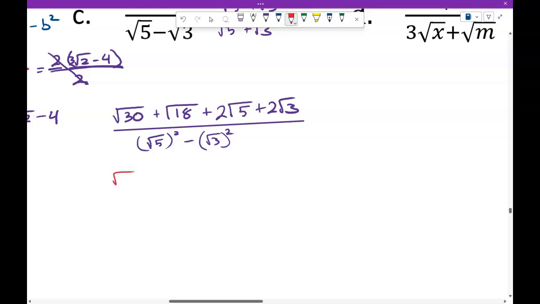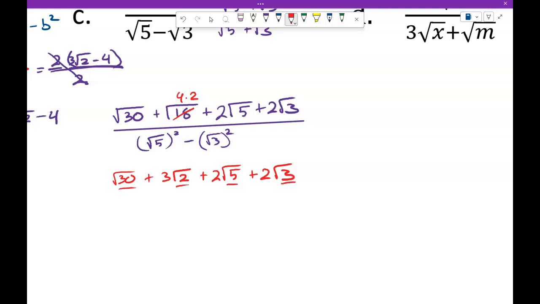Square root of 30 can't reduce. Square root of 18 is 9 and 2, so that simplifies to 3 root 2 plus 2 root 5 plus 2 root 3. None of these are like radicals, so we can't add them. And then our denominator is 5 minus 3, which equals 2.